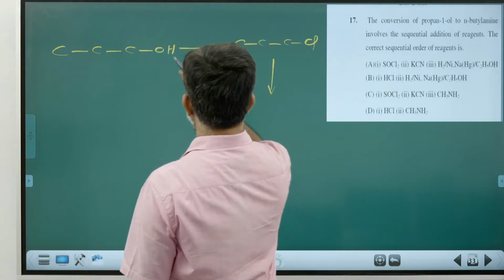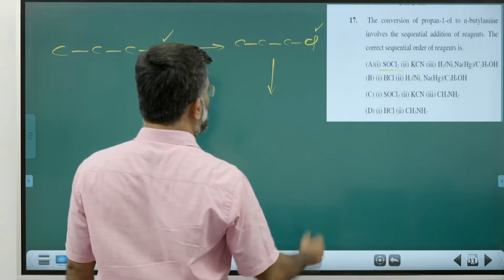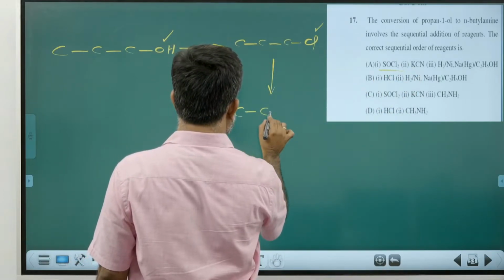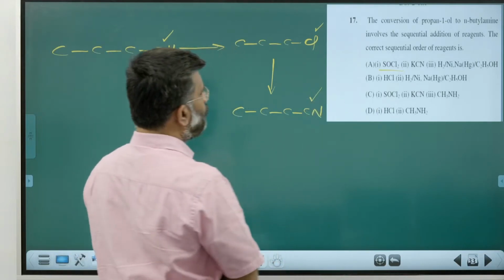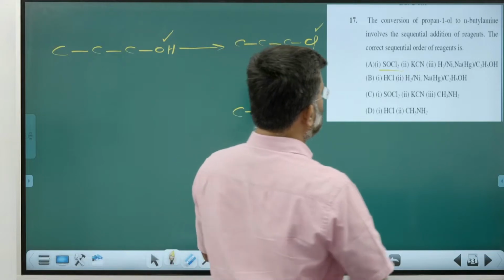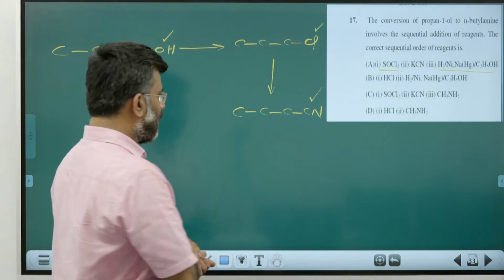The OH group is replaced by chlorine when treated with SOCl2. With KCN, chlorine is replaced by CN. Now this is a reduction, the so-called Mendius reduction. The C becomes CH2 and the N becomes NH2.